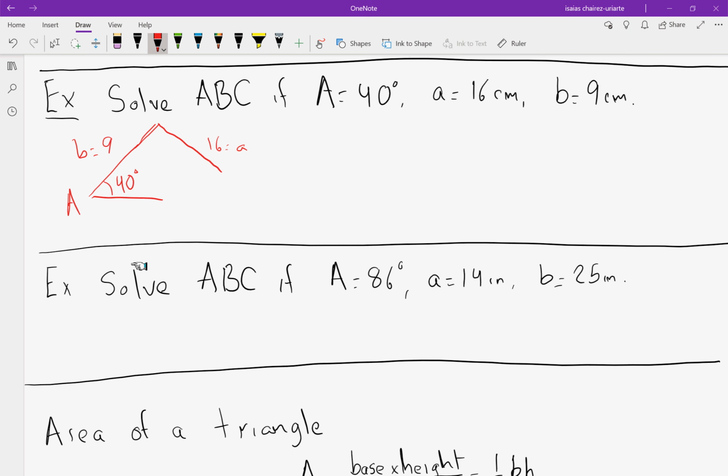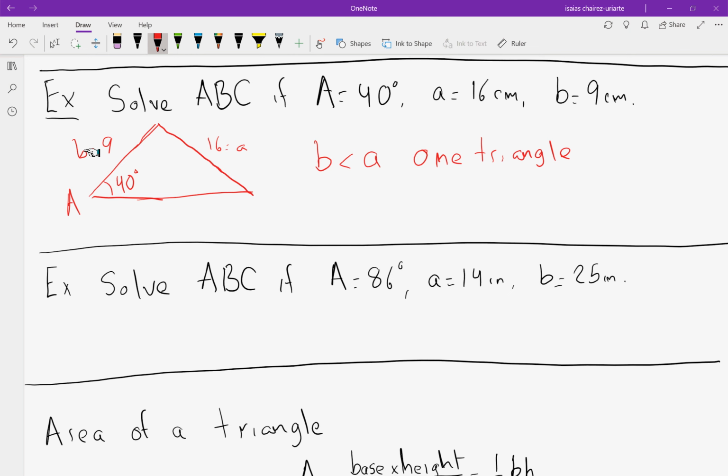And what you need to notice here is that the side opposite the angle is definitely larger than B. So right now we have that scenario where we have only one triangle. Since I know that this is going to be one triangle, I can sketch out what it looks like. It looks something like that.